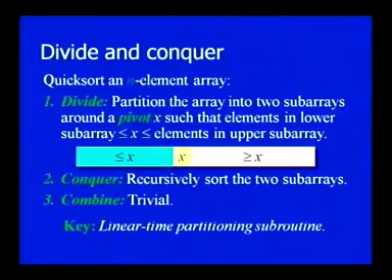The characteristic of the pivotal element is that all the numbers on the left hand side will be less than or equal to your pivotal element, and all the numbers on the right hand side are going to be greater than or equal to your pivotal element. So, the pivotal element is partitioning your array into subarrays. So, the partition is a variable one, right.